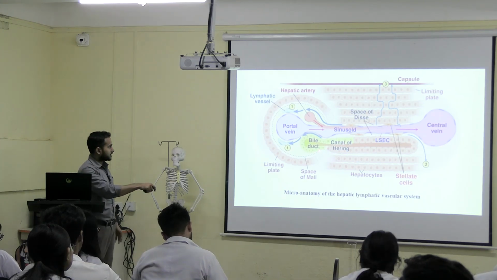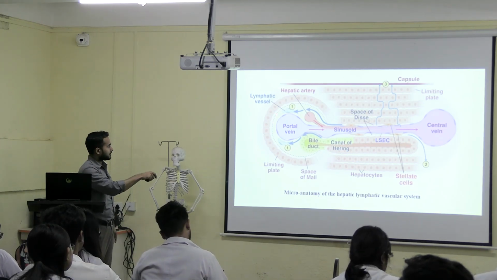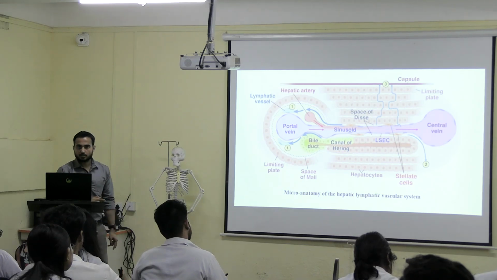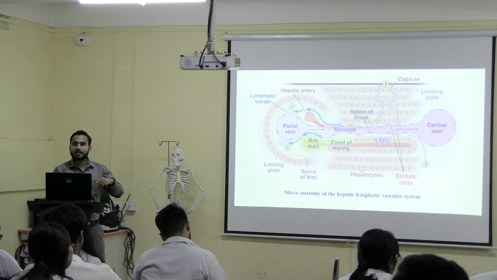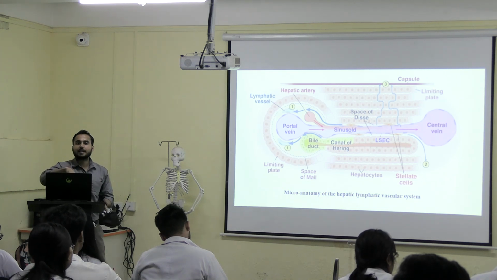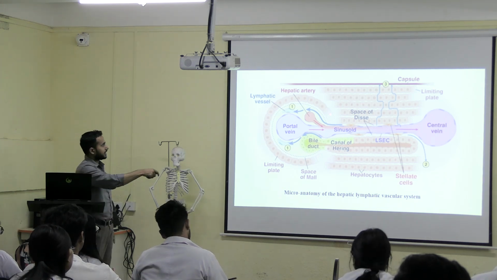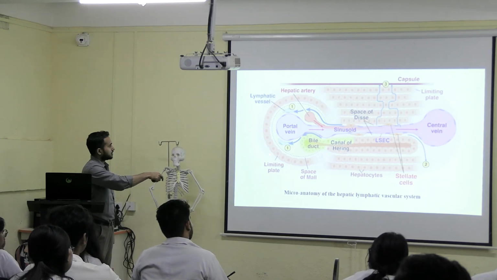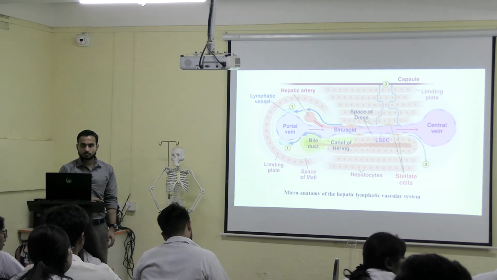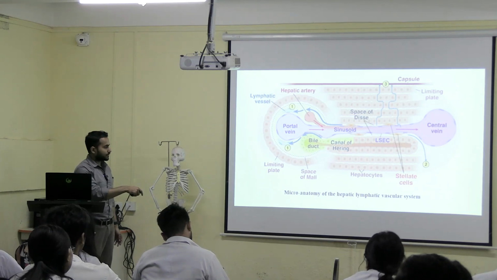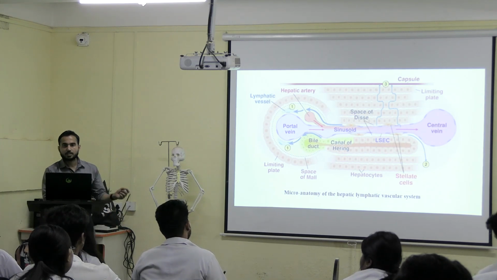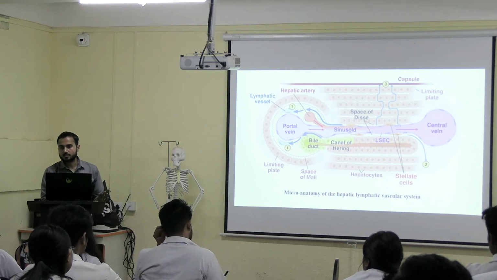Next, outside of that, the portal triad is also covered by a layer of hepatocytes. Now in between these two, this space is called the space of Moll, from where the lymphatics of the liver begin.